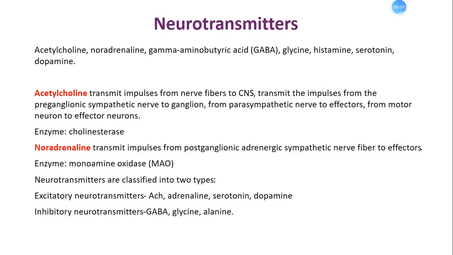Number one is preganglionic parasympathetic nerve endings, and also postganglionic parasympathetic nerve endings, and it's released by the preganglionic sympathetic nerve fibers, and some postganglionic sympathetic cholinergic nerve fibers.